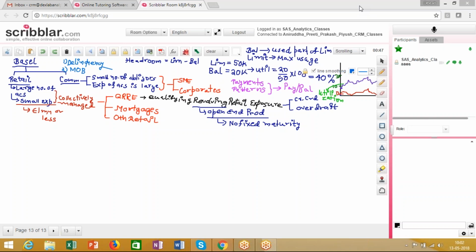So if I had opened a credit card account on 1st Jan 2015, then today I would be some 36 and 5, that is 41 months on books of the bank, right? So I would be on the books of the bank for 41 months. So this is what the overall idea is.